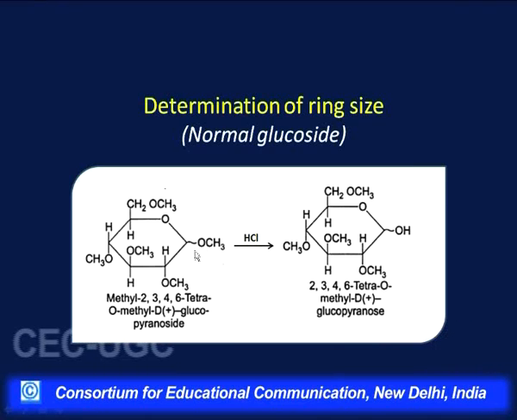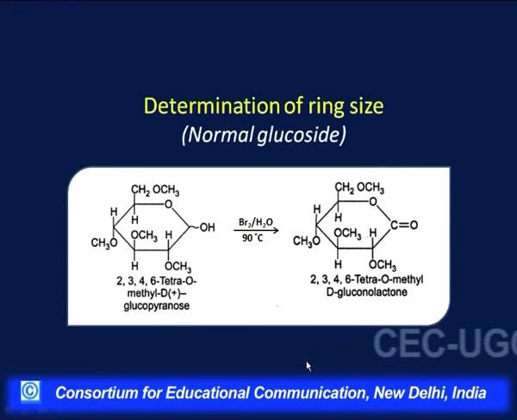Again this acetal bond will break, it will become OH, but all these methoxyl groups will remain as such, and this compound will be named as 2,3,4,6 tetra O methyl D plus glucopyranose. Now, it is not pyranoside because it is no longer glucoside, it is now the cyclic structure for the glucose. So, that is why we are using glucopyranose.